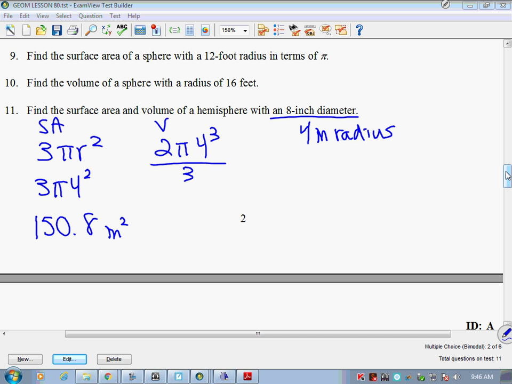What's 128 divided by 3? Okay, multiply that by 3.14. 134, probably around 0.04, something like that. Okay, 134.04 inches cubed. Okay, that's our volume.